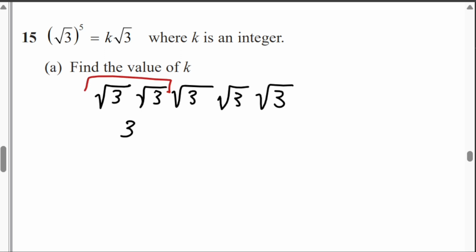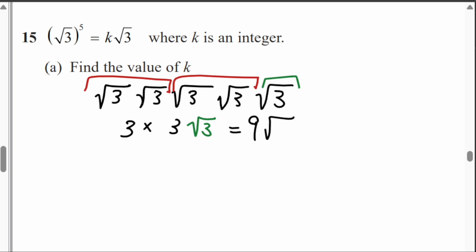And root 3 times root 3 is 3. So 3 times 3, and then we have this root 3, we just write it here. That equals 3 times 3 is 9, so it's 9 root 3. The value of k is 9. And that's it. The question asks you to find the value of k. That's 9 root 3. This is the easy way.